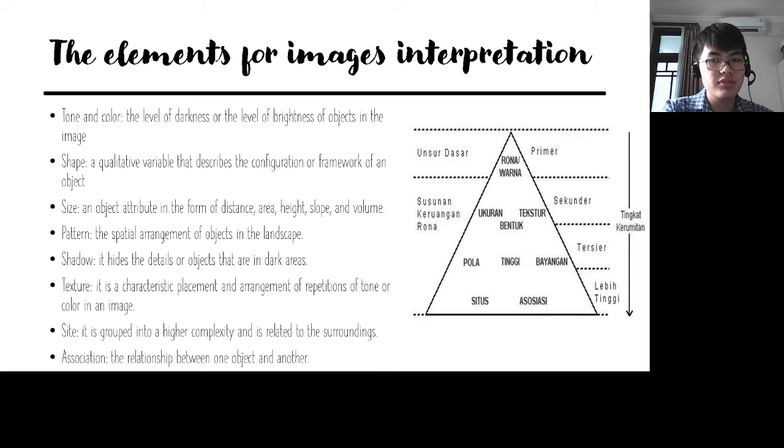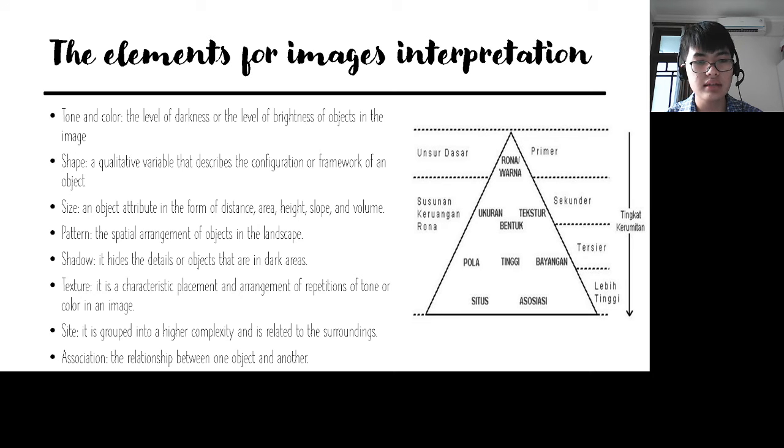First of all, we have the tone and color. It is the level of darkness or the level of brightness of the objects in the image. Then we have shape, a qualitative variable that describes the configuration or framework of an object. Size, an object attribute in the form of distance, area, height, slope, and volume. Pattern, the spatial arrangement of objects in the landscape.